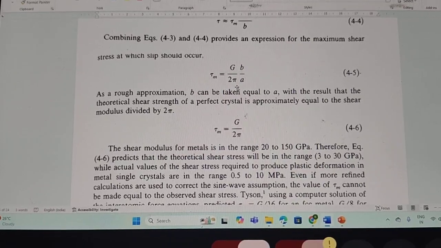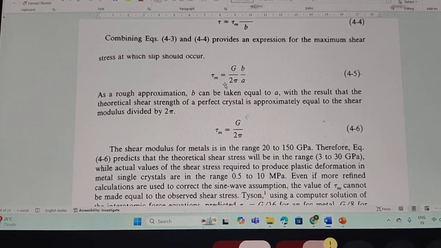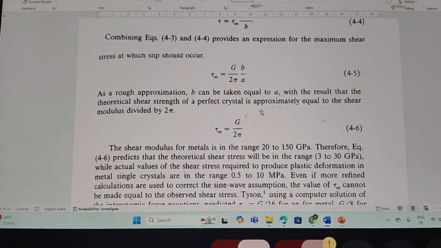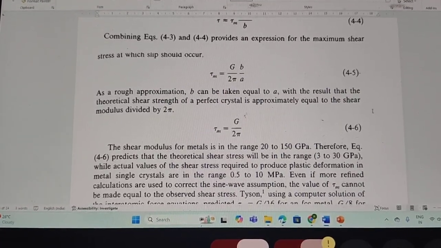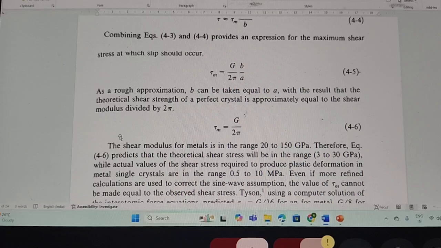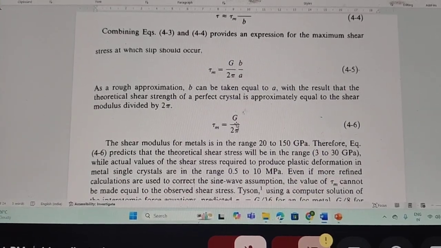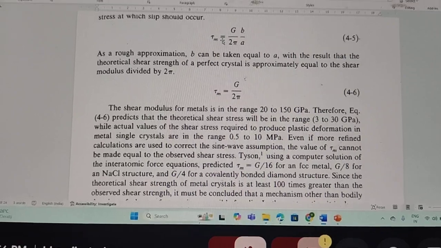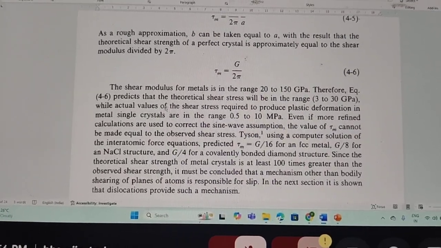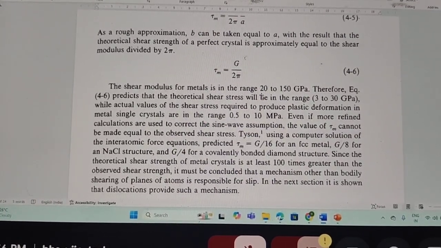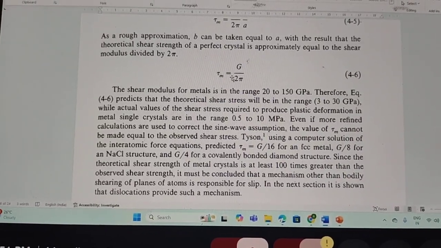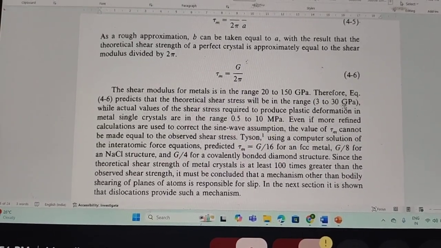So for a perfect crystal, the shear strength is approximately G by 2 pi. That is, when B equal to A, tau m becomes G by 2 pi. Now G varies from 20 to 150 gigapascal. So tau m equals 3 to 30 gigapascal.